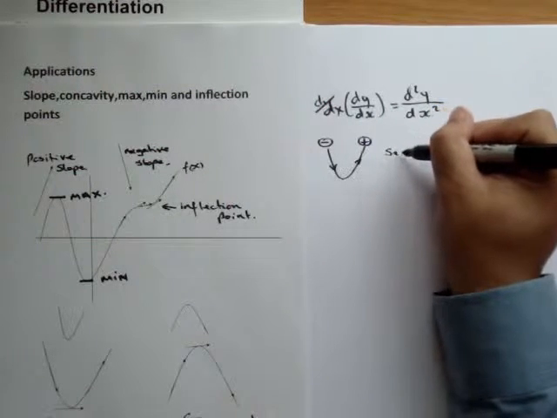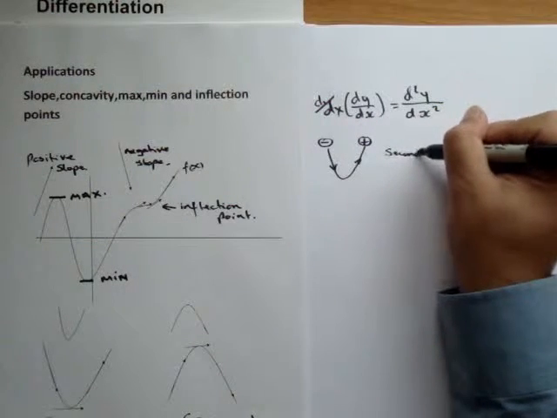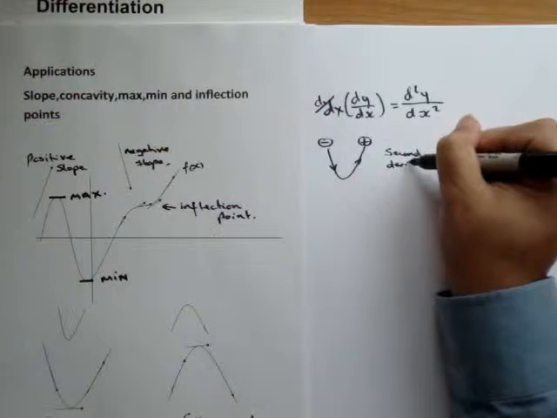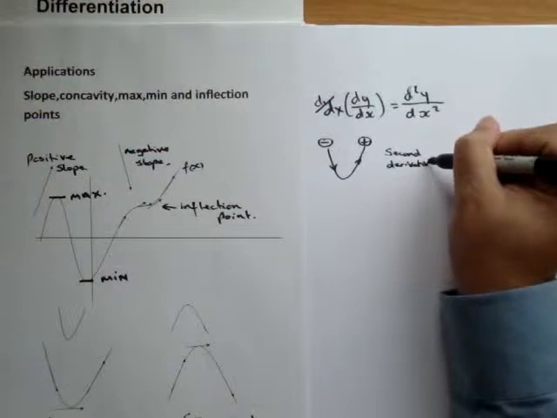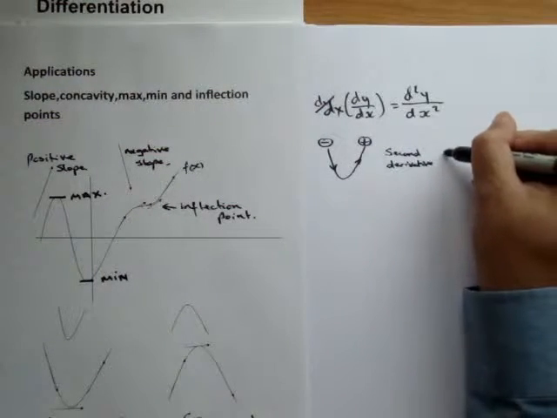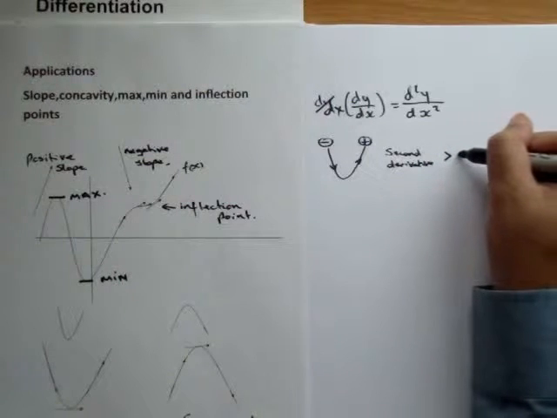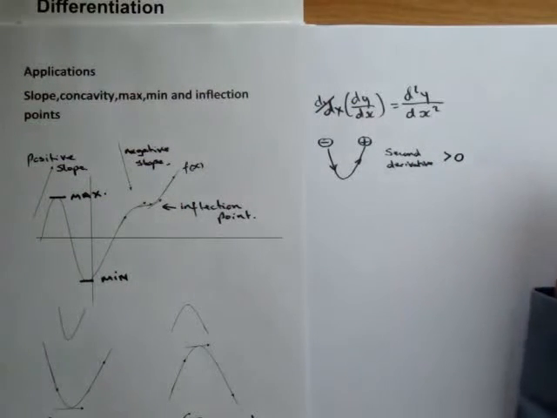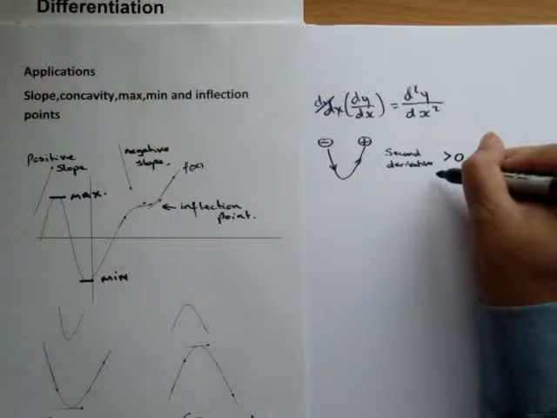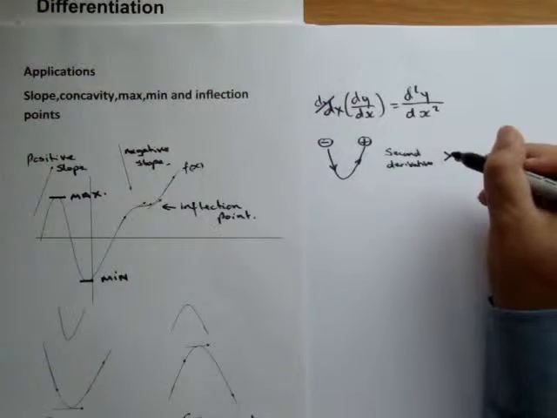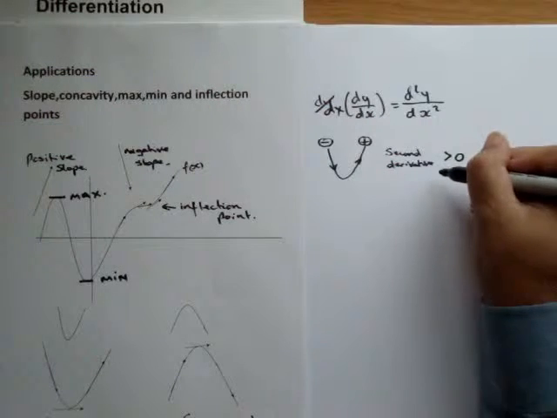So if the second derivative is greater than 0, it's a minimum, or it's a concave up curve.